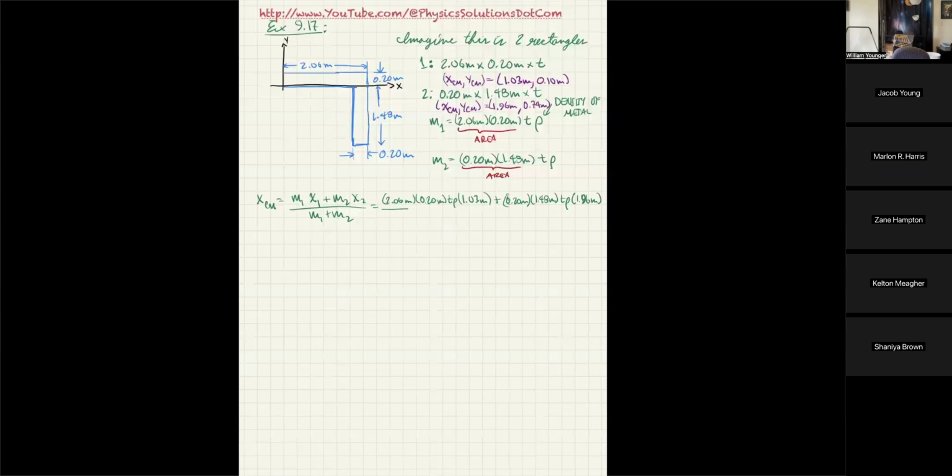And then all of that is divided by 2.06 meters times 0.20 meters plus 0.20 meters times 1.48 meters. And notice we had a common factor of t rho in there, so you can see that the common factor of t rho is going to cancel out with all these.